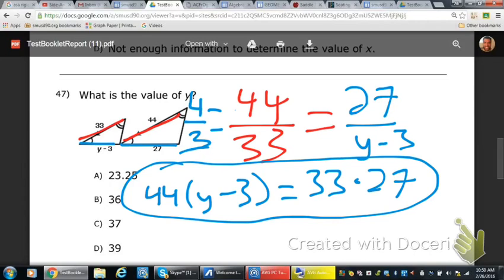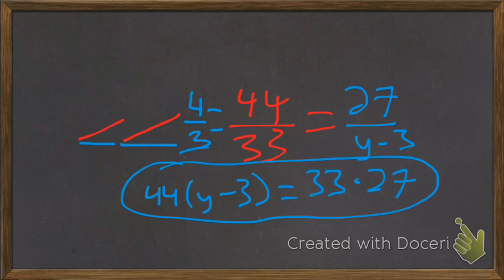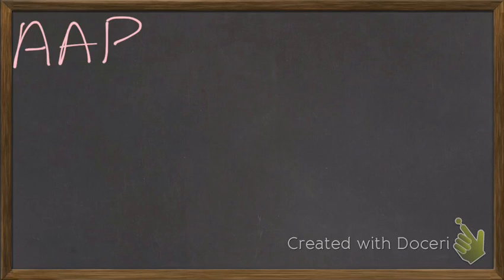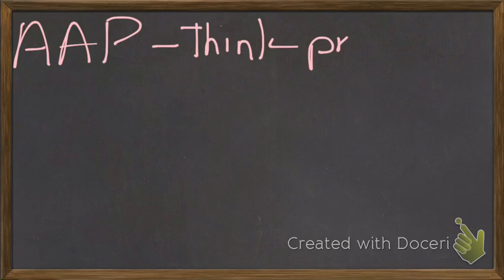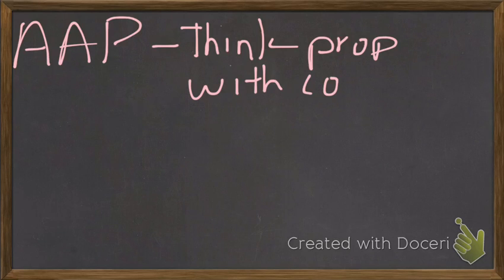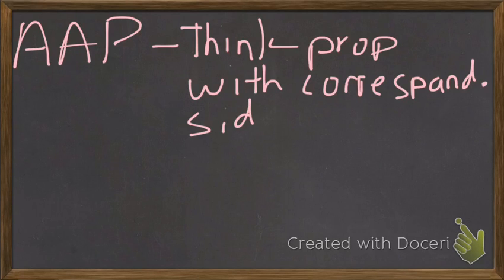If I could summarize this whole thing in a few words, here's what you need to remember. When you see two triangles have two angles, the angle, angle postulate, automatically think proportions with corresponding sides, and that basically means the matching sides.